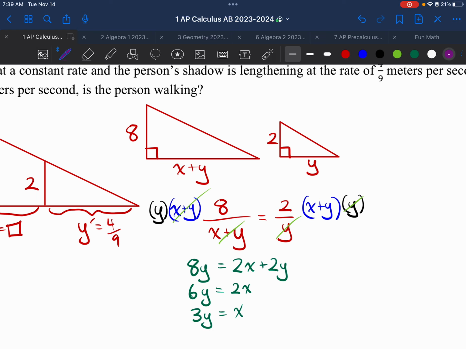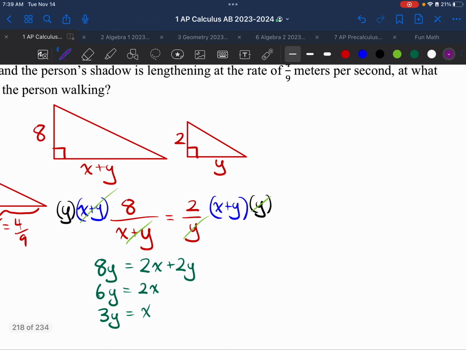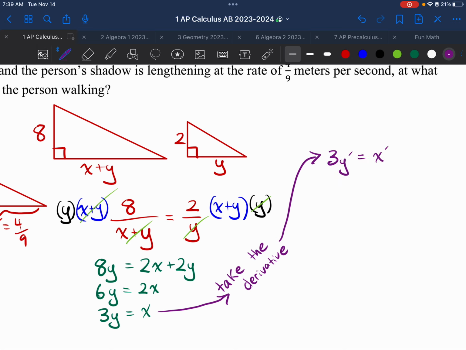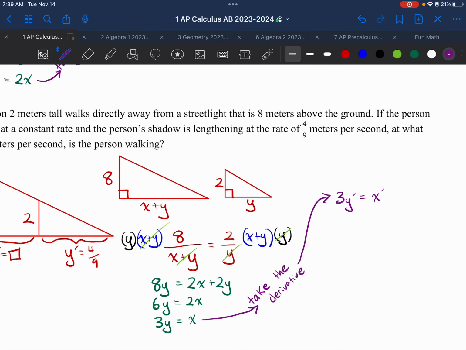And yet again, we're taking this magical ride where we take the derivative. Yes, with respect to time, but whatever. I take the derivative, and I say 3y prime is equal to x prime, and fill in what we know. We knew y prime.